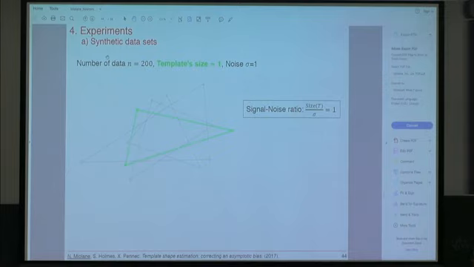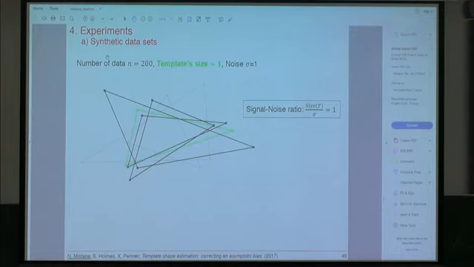Can we go into some things that are more interesting, maybe three landmarks? So this is the template now, the triangle. Its size is 1. We define the signal over noise ratio to be the size over sigma. It's 1 in that case. If we have these observations that are these triangles and you register them, we get this.